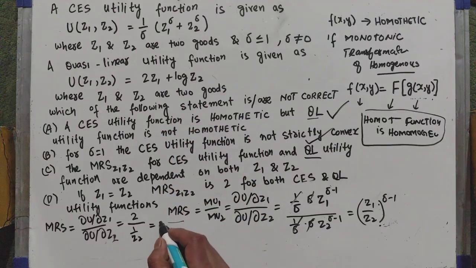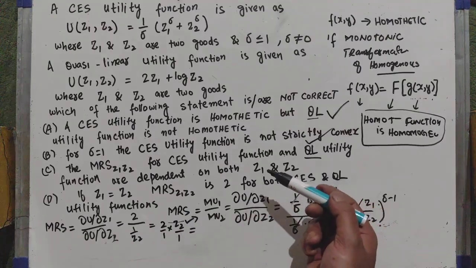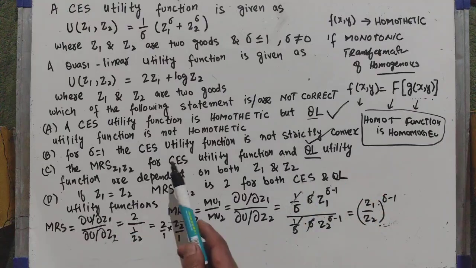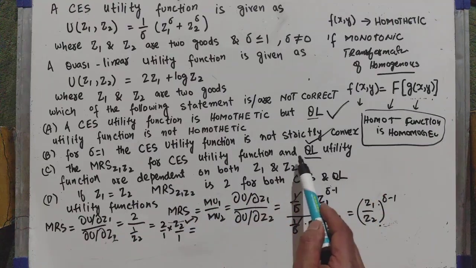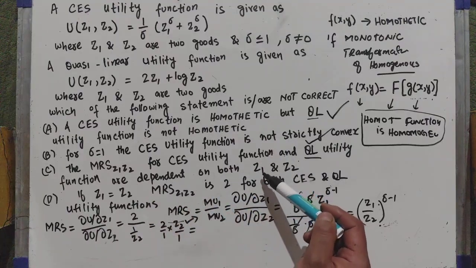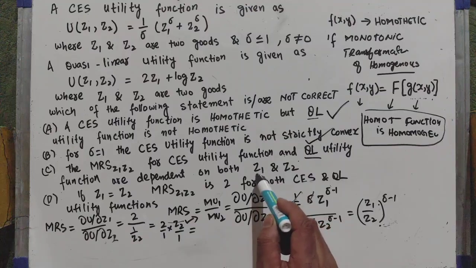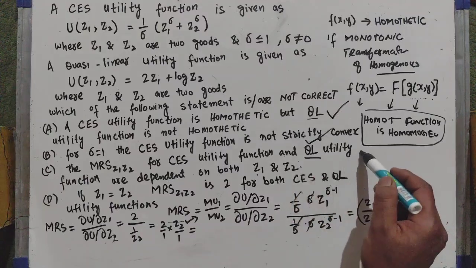So here we got 2 divided by 1 upon z2. Here MRS depends upon only one good, that is z2. So for the CES utility function, MRS depends on both z1 and z2, but for the quasi-linear utility function, MRS does not depend on both z1 and z2. It only depends on one of the goods, which is z2 in this case. Okay, so option C is incorrect.